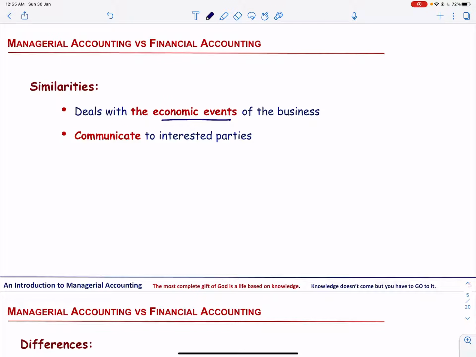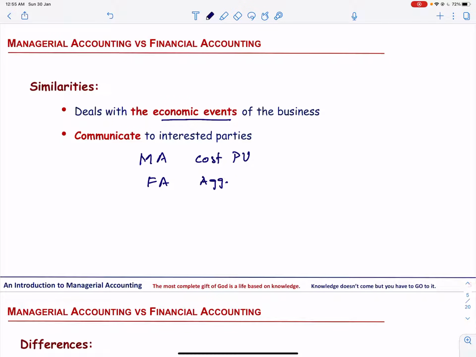That means they both deal in numbers. The only difference is that managerial accounting focuses on cost per unit, while financial accounting focuses on aggregate cost of goods manufactured or sold.